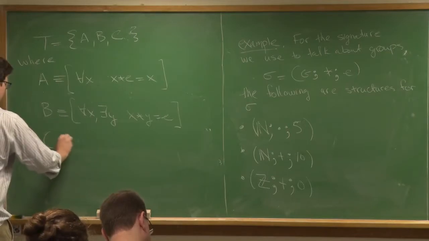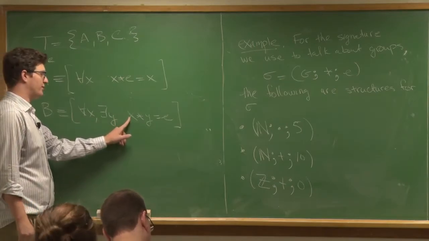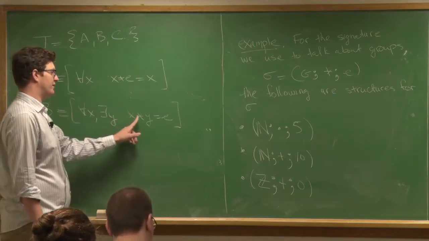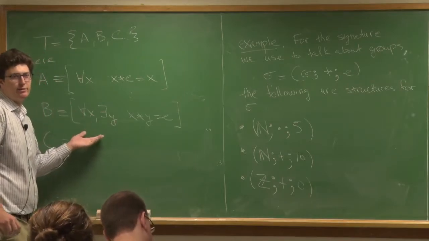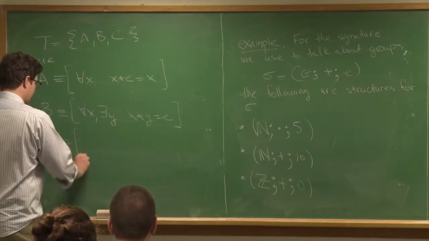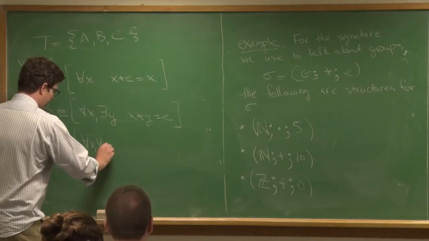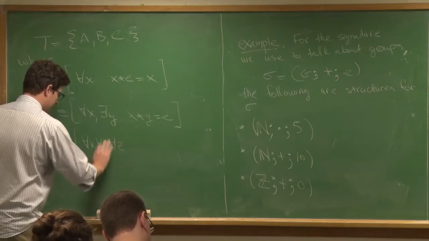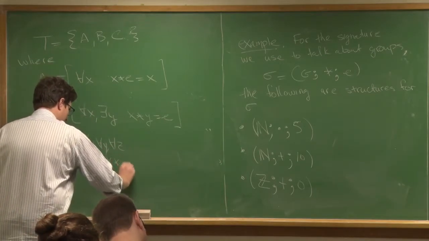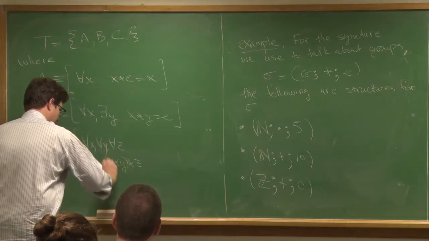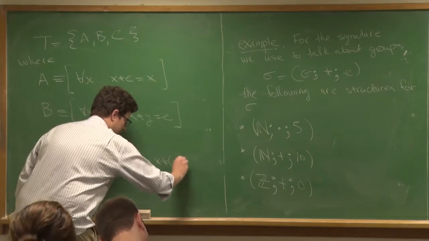And C, and I could strengthen this if I wanted to. I could add that not only is this inverse the right inverse, but it's also the left inverse as well. So I could add that if I wanted to, right? C could be: for all x, all y, and all z, x times y times z is equal to x times y times z.